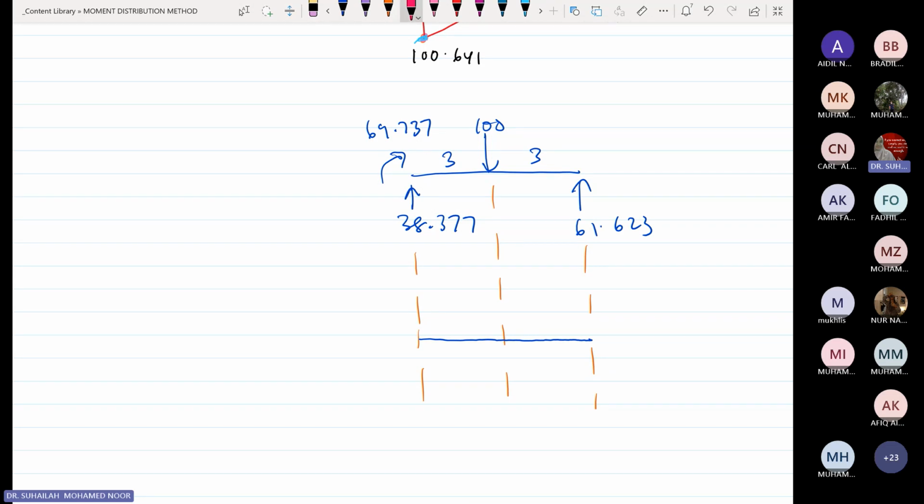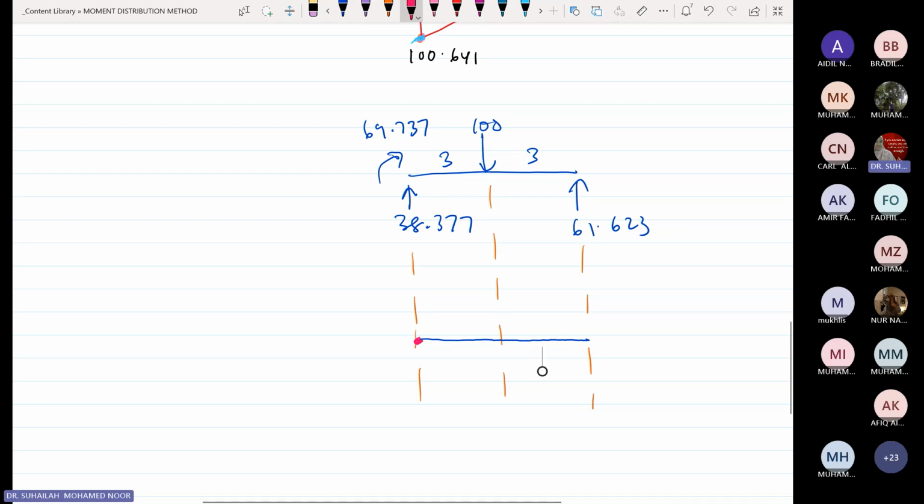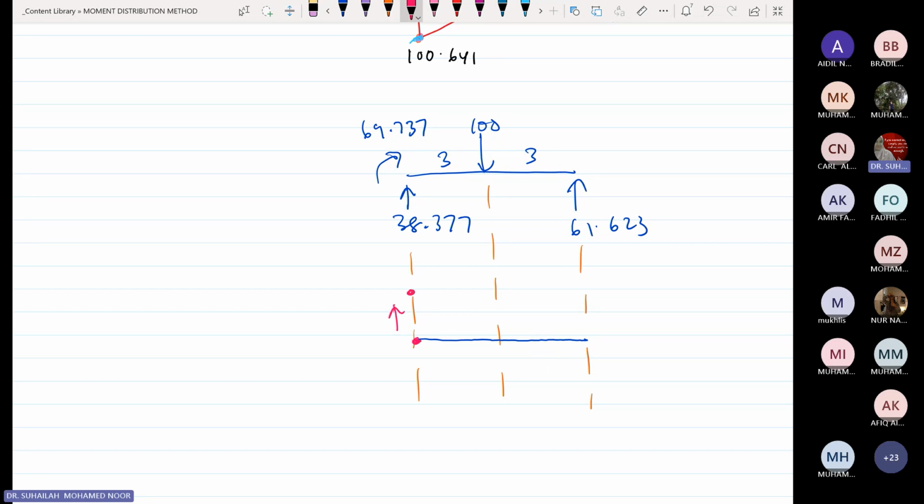Okay, first point. Start 0. Tengok arrow tu ke mana? Ke atas. So point dia ke atas. Okay. Then go straight sampai jumpa 100. So bila jumpa 100, dia kena turun sebanyak 100.